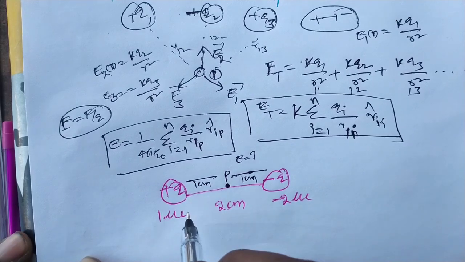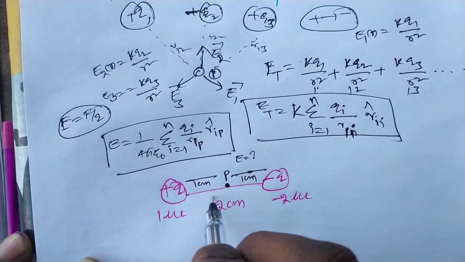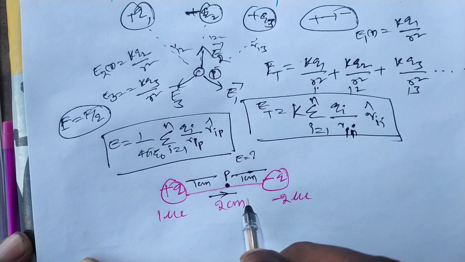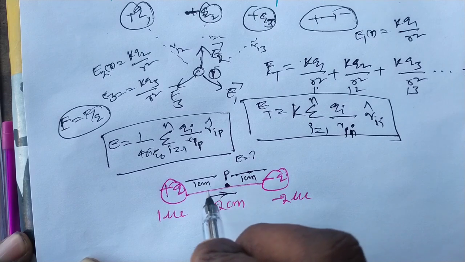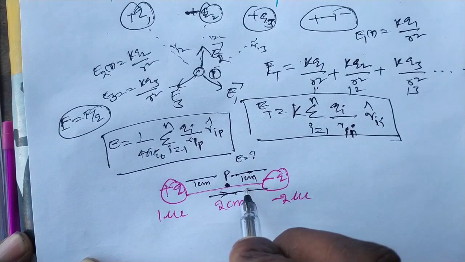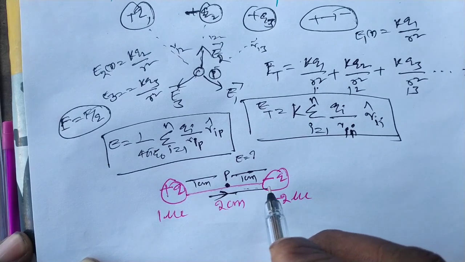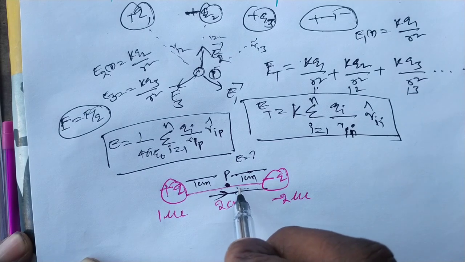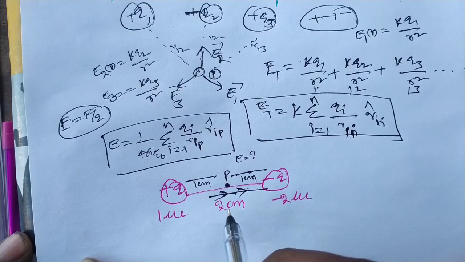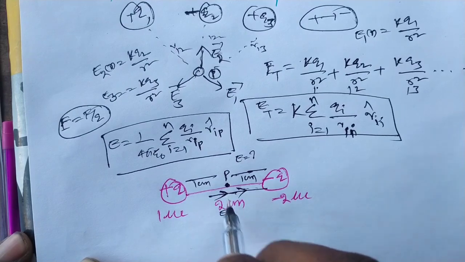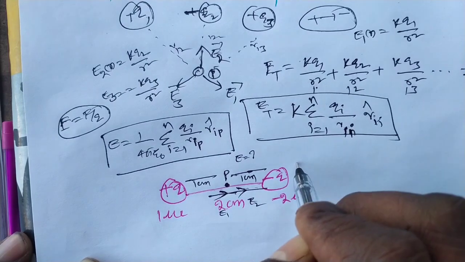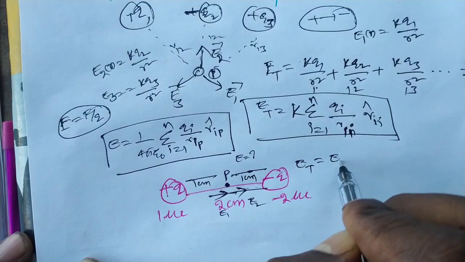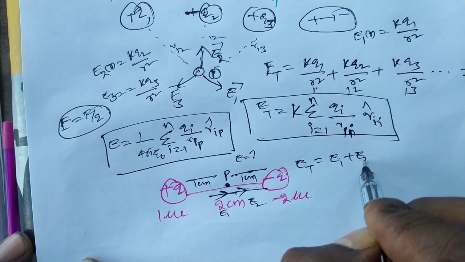Here the electric field is outward for the positive charge, and the electric field is inward for the negative charge, that is E1 and E2. The net or total electric field is equal to E1 plus E2.